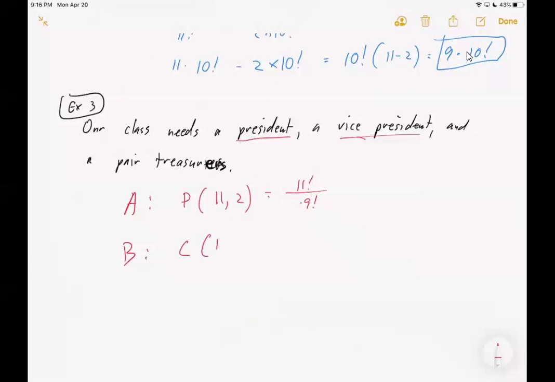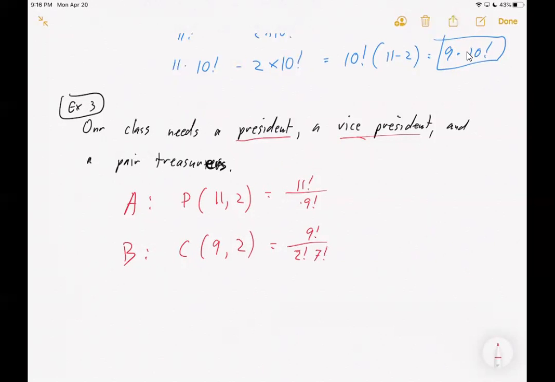So that's a combination. But what's interesting here is there are no longer 11 students to choose from. 2 of them are already in the high offices of president and vice president. So now there are only 9 students left from which to pick the 2 treasurers. So that becomes 9 factorial over 2 factorial, 7 factorial.